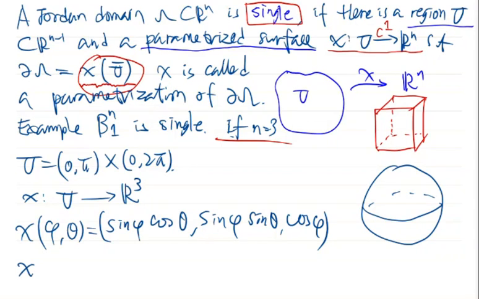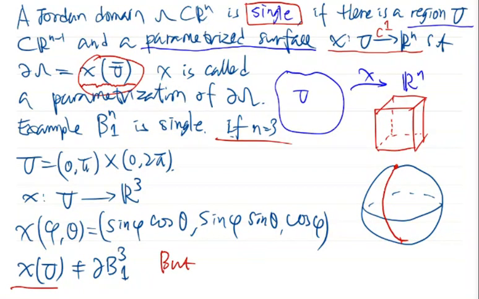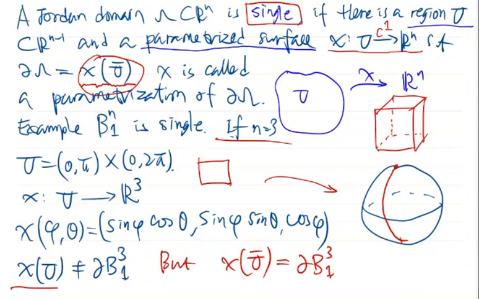Then the image of U, of course, could not be the boundary of the ball, because maybe this red half circle is not contained in the image of X. But the closure of U, that is the closed rectangle, is mapped onto the boundary of the ball.